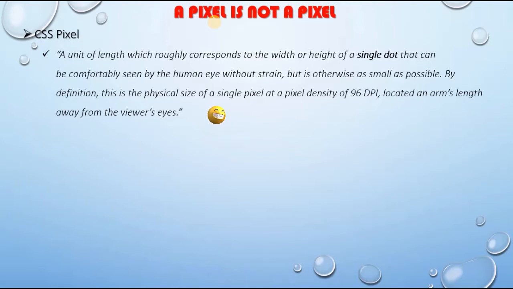It says, a CSS pixel is a unit of length which roughly corresponds to the width or height of a single dot that can be comfortably seen by the human eye without strain, but is otherwise as small as possible. By definition, this is the physical size of a single pixel at a pixel density of 96 dpi, located at an arm's length away from the viewer's eyes.